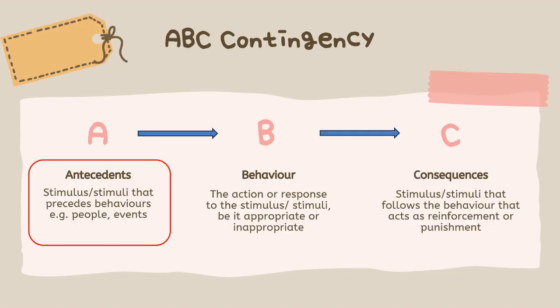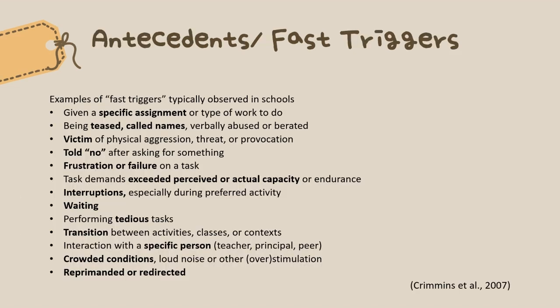Next, we will look at the antecedents, which are the fast triggers. What are the fast triggers that led to the problem behavior?